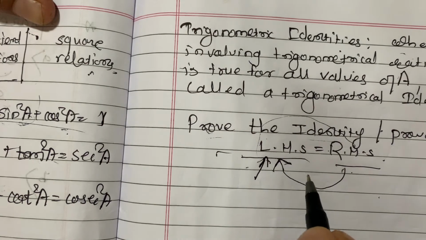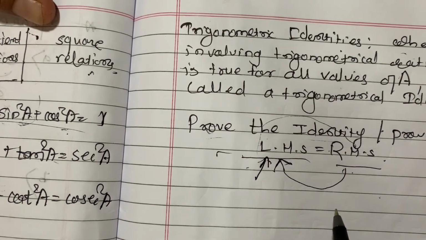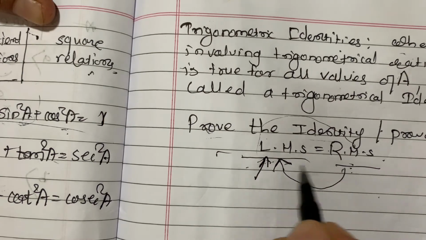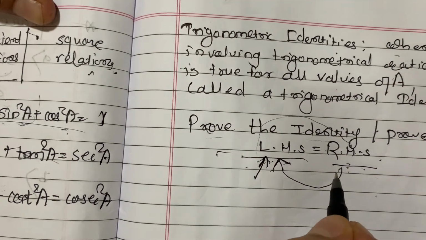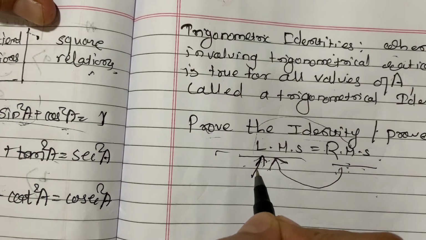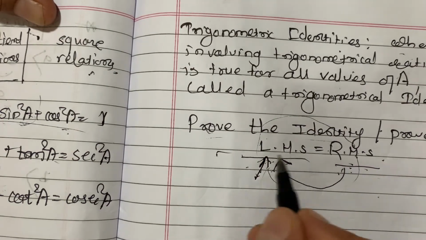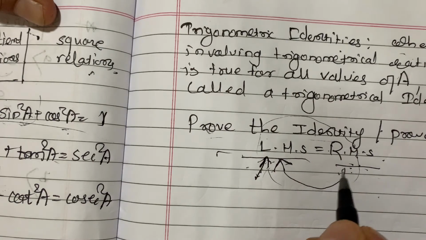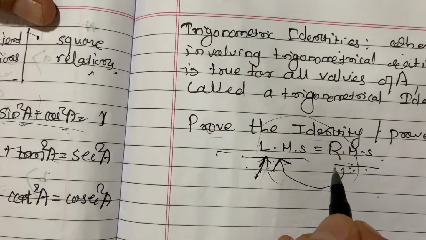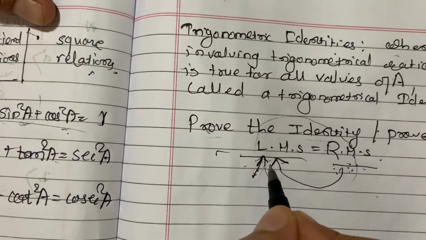But we suggest that you start with the complicated side. Just see which side is complicated and start from that. Suppose your LHS is complicated, start from LHS, simplify it and reach the RHS. Prove that LHS is equal to RHS. If your RHS is complicated, then you can start from RHS and reach the LHS.